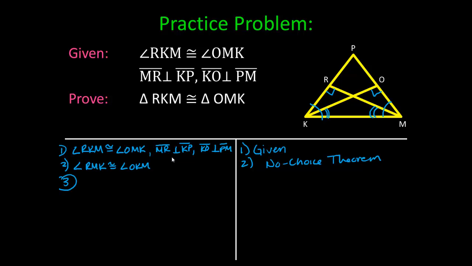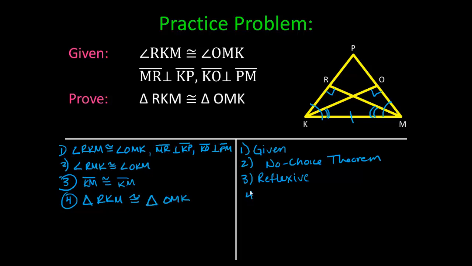And then you could say that KM is congruent to KM by reflexive. And then you could say that triangle RKM is congruent to triangle OMK, and that would be by angle-side-angle.